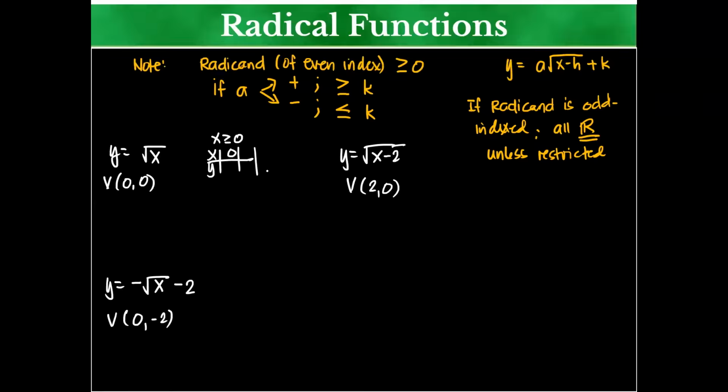So the square root of 0 is 0. The square root of 1 is 1. The square root of 4 is 2. No problem with that. So if we were to graph it, 0, 0, 1, 1, 4 yung x, y ko is 2.